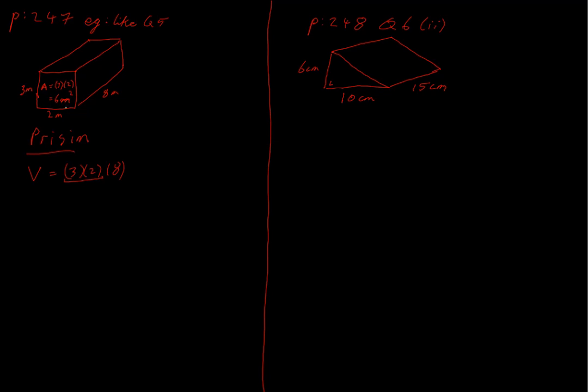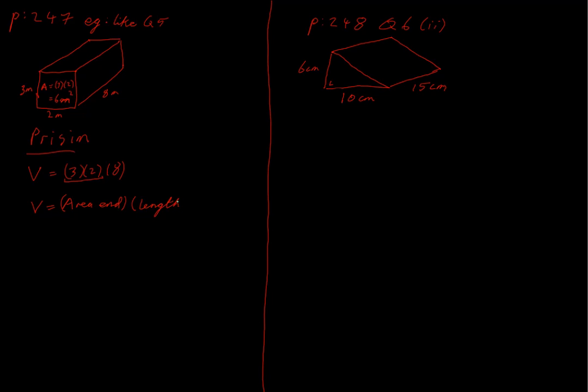So the area of that end would be 6 meters squared. And then to get the volume, we can see from our original formula that we just multiply by the length of our rectangular box. So this is a different way of thinking about volume of our prisms or of our boxes. We get the area of one of the ends, and then multiply by the length of our box.